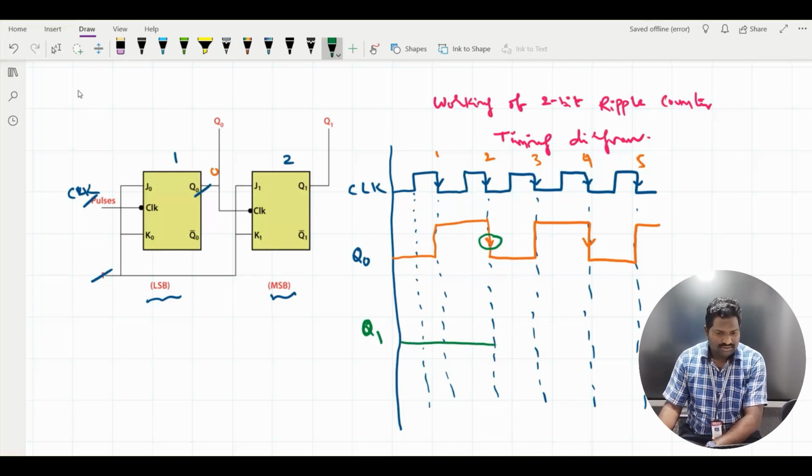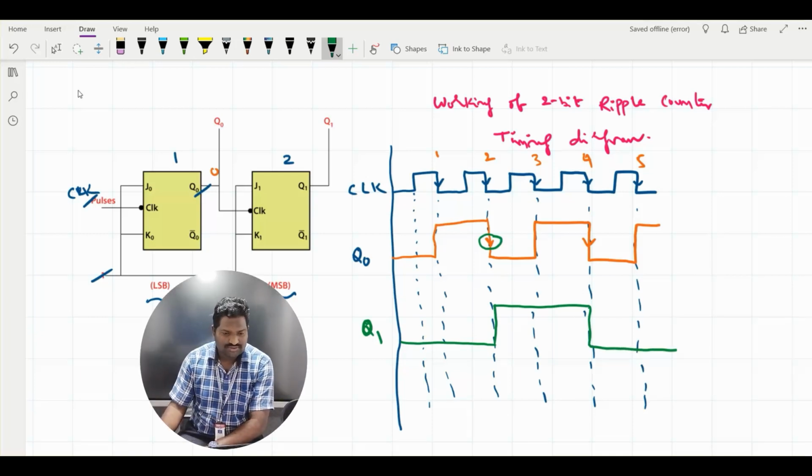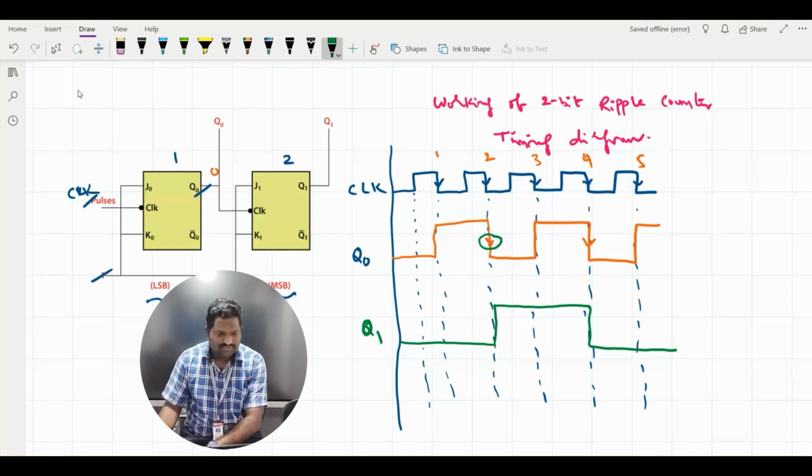Whenever I activate flip-flop 2, Q1 becomes 1 and it will stay at 1 up to the next triggering pulse. For the next triggering, it will toggle from 1 to 0, then it will be 0 again. So this is the output of the second flip-flop.